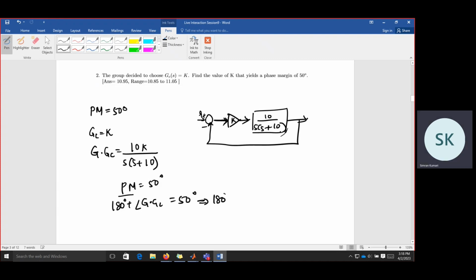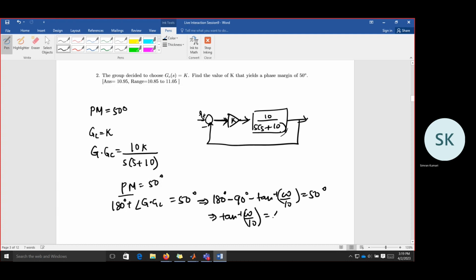So this implies 180 minus 90 minus tan inverse omega by 10 is equal to 50 degree. Now we'll just equate this. So we have tan inverse omega by 10 equal to 40 degree, and this gives omega equal to 8.391 radian per second. So this is the frequency at which phase margin is 50 degree.